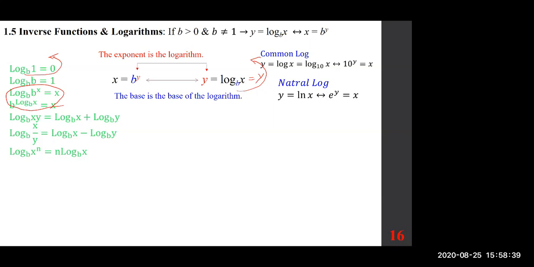Now, take a look at the transition. If you look at the left side and those rules, logarithmic rules, and you can make up these rules, they should be nice and easy. You are in good shape. If you can't make them, you have a problem with logarithmic properties.